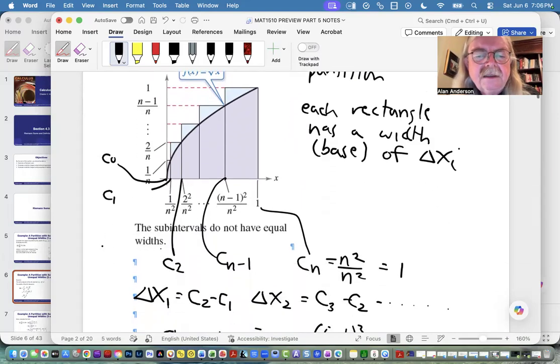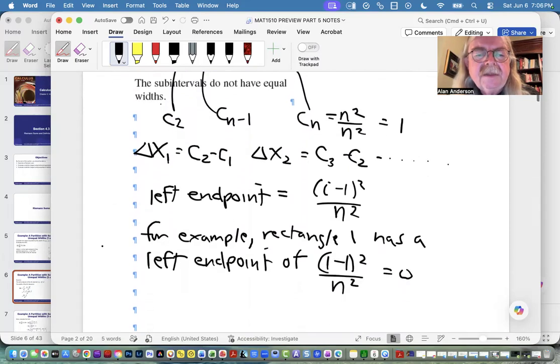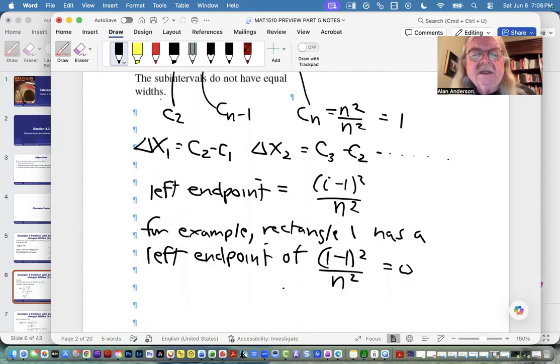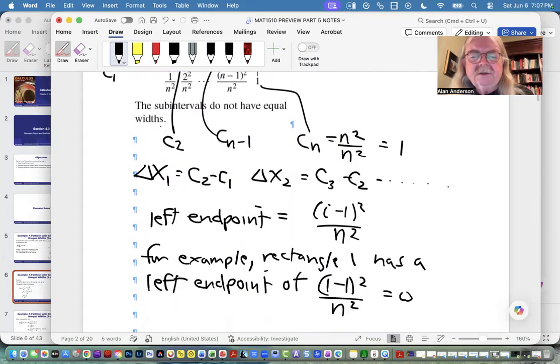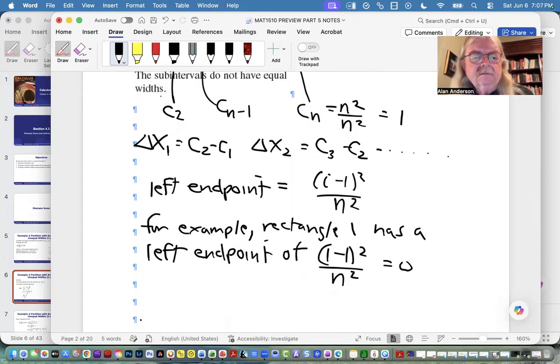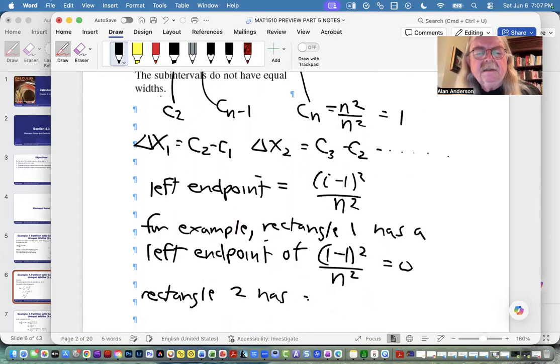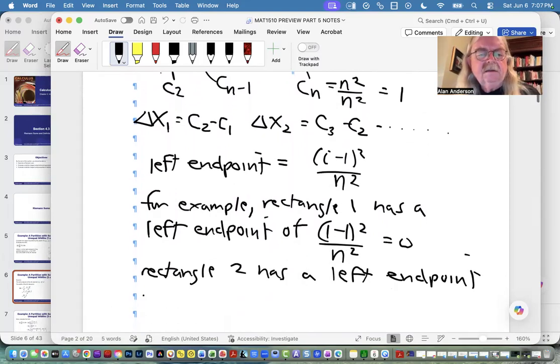And then the next rectangle, rectangle 2, has a left endpoint of (2 minus 1) squared over n squared.